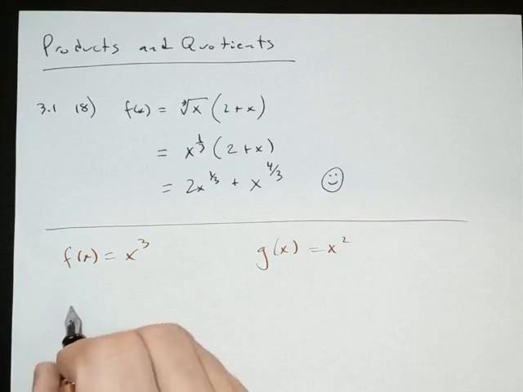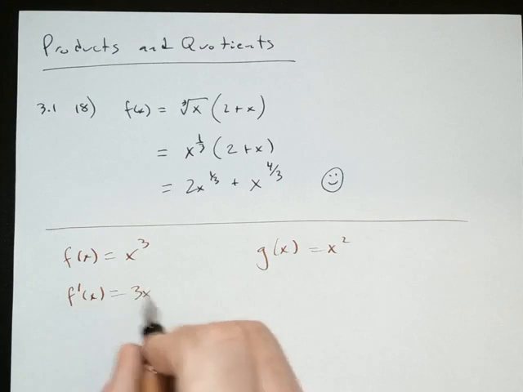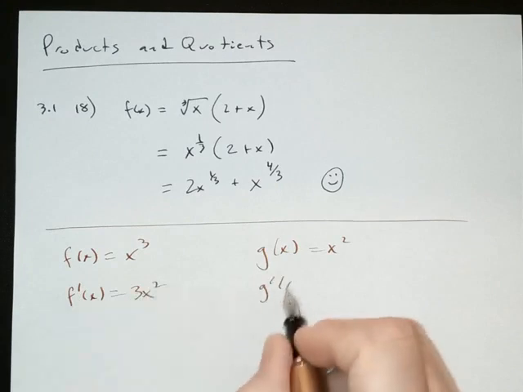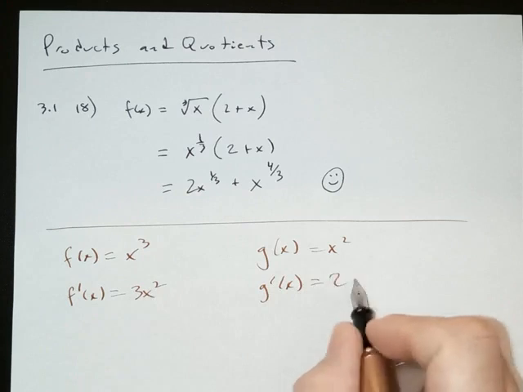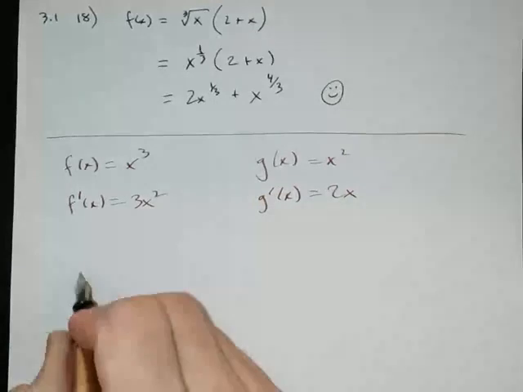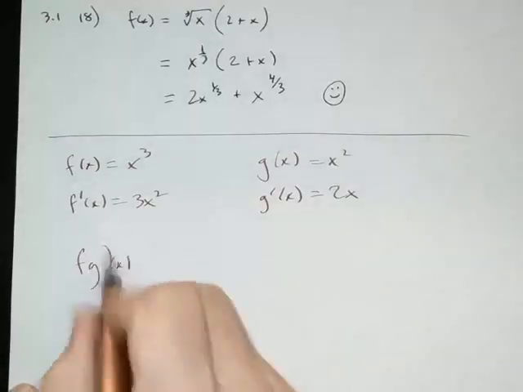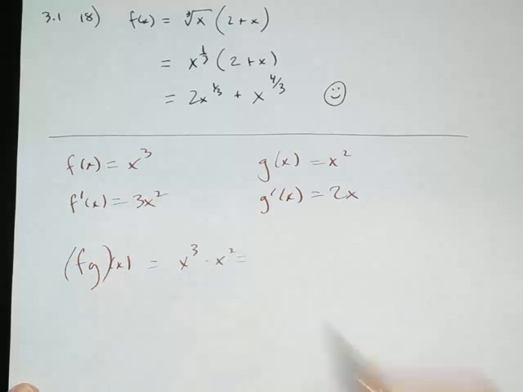What's the derivative of x cubed? 3x squared. And the derivative of x squared is just 2x. But if I multiply f times g, that's x cubed times x squared.